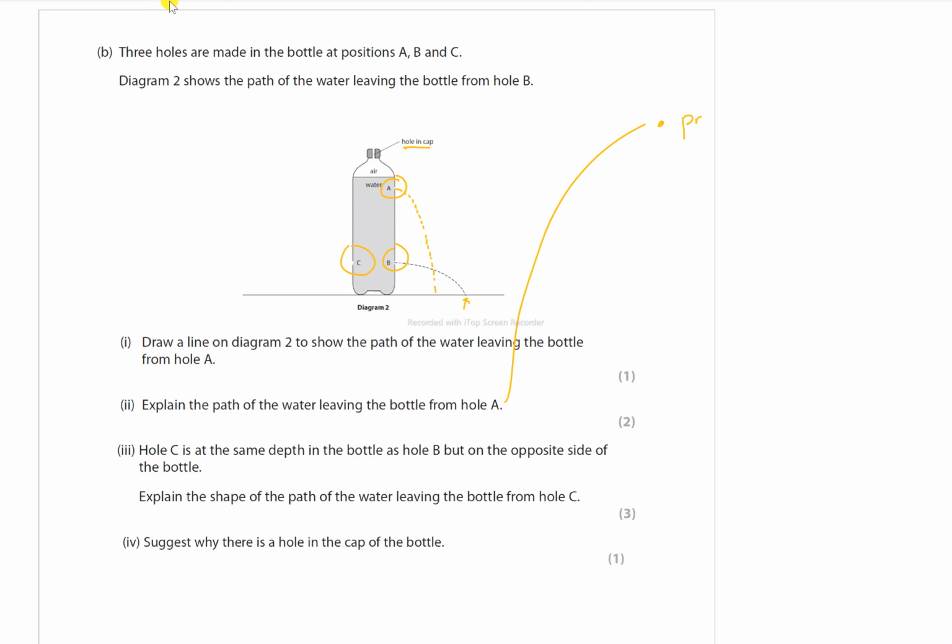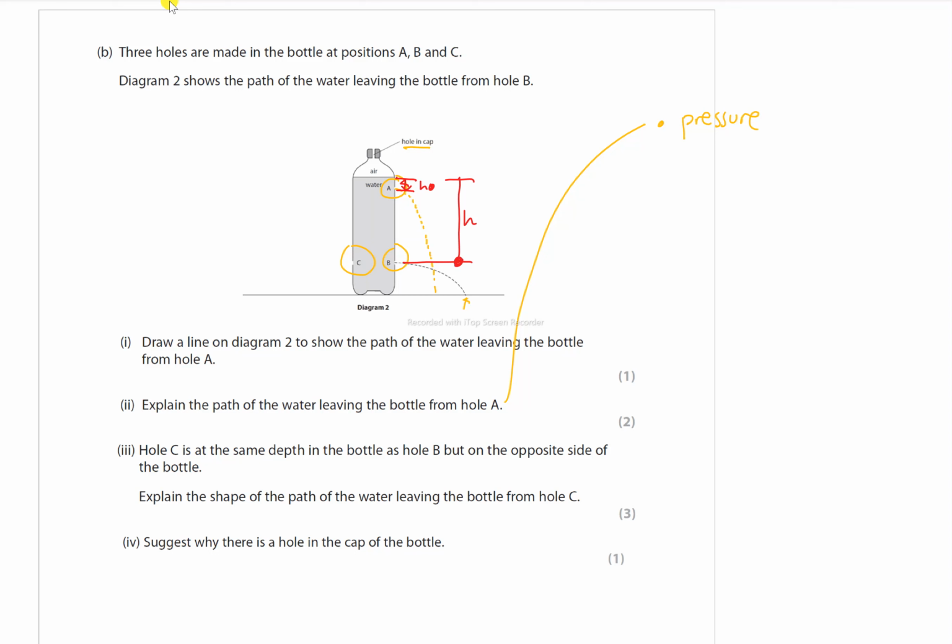So the pressure, right, can you see this height here? This height is less than this height of water. So that means there's more pressure down here than up here.